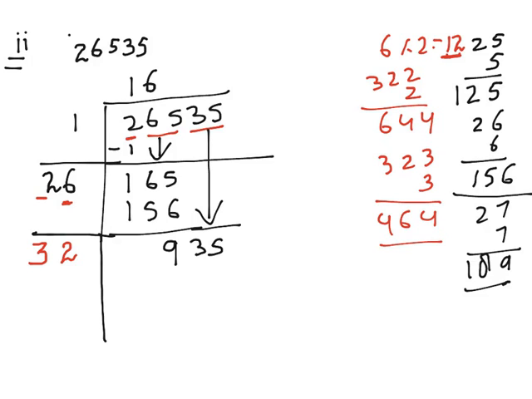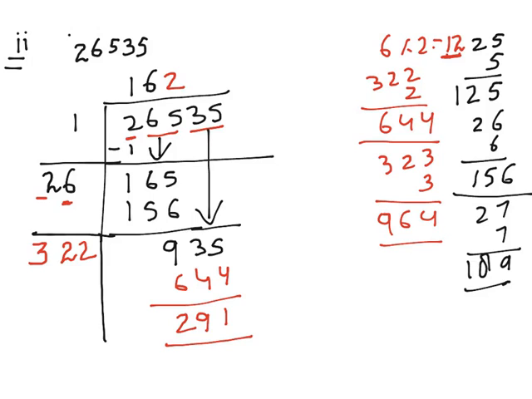That is greater than 935. So we will go with 2. So we will copy 2 over here and 2 over here. We will get 644. Now if we subtract, what we will get? 9 over here and 2 over here, 291. So the remainder in that case is 291.